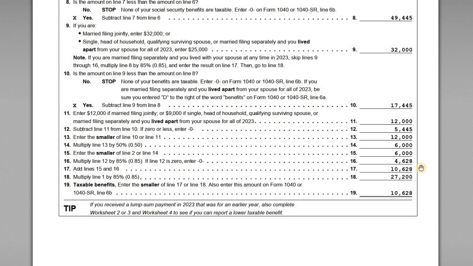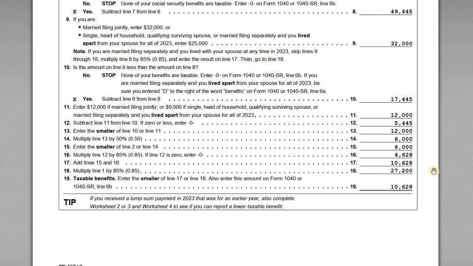And so our total is $10,628. Line 18, that final check for total taxable Social Security benefits, 85% times line 1 gives us $27,200. And so the last line item here is asking us to enter the smaller of line 17 or 18. So the smaller amount is going to be $10,628.